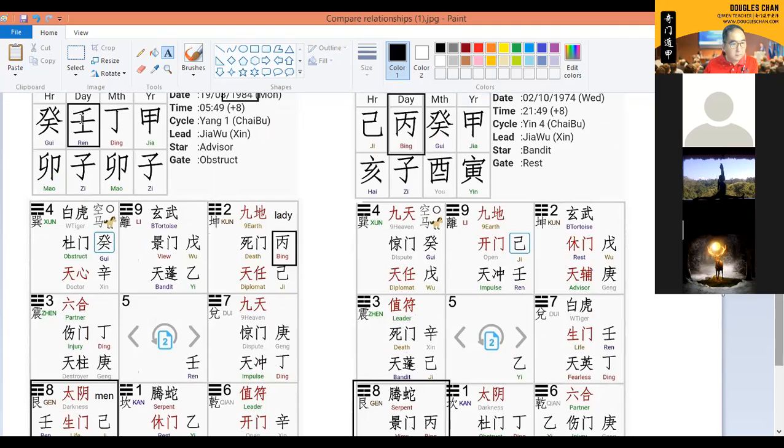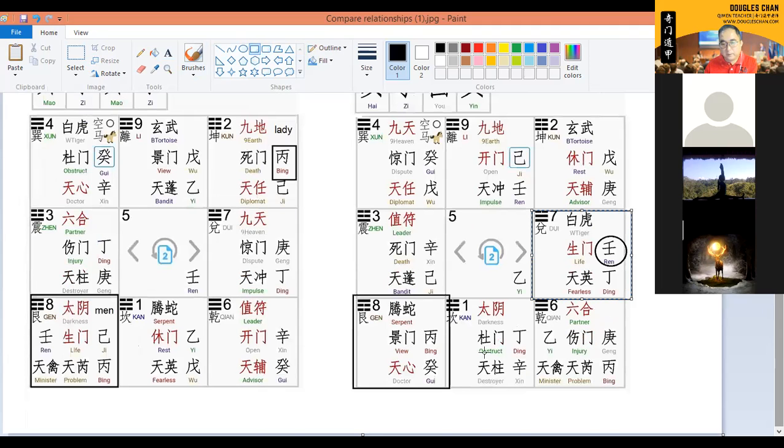The guy is Ren. We need to find where is Ren. The Ren is over here. So the guy is in box number 7. So based on palace to palace relationship, the lady is here. She is Earth. The man is Water. So the lady is producing the man.